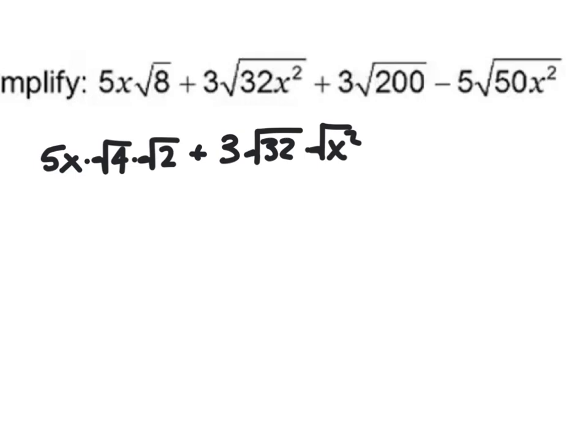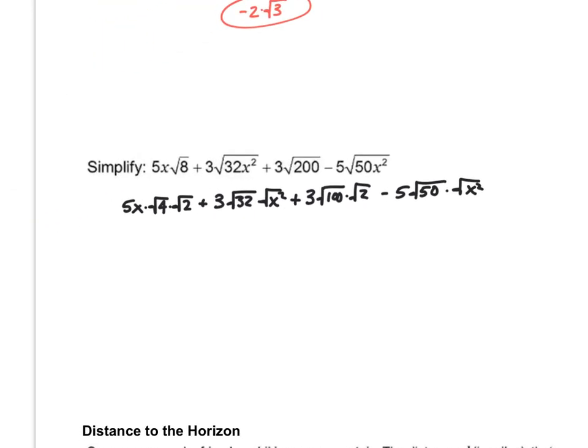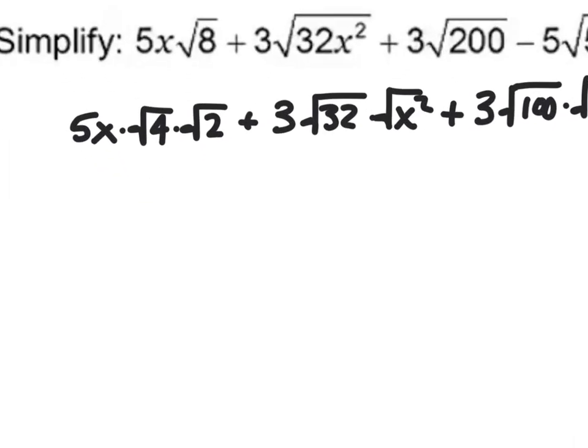The next one, plus 3 times the square root of 200. Let's split that up into the square root of 100 times the square root of 2. Ooh, look, we're getting 2's out of these, and that's a good thing. Then the next one, minus 5 times the square root of 50 times the square root of x squared.